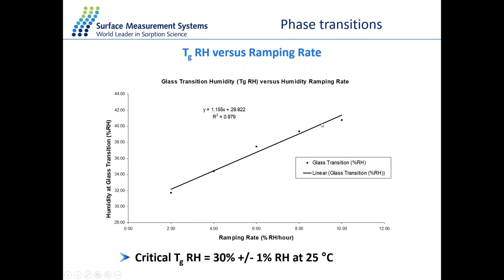Now, the interesting thing about this data is that it's a line, which means that we can find the intersect of this line right here, where the value is 0. So at this value, the ramp rate is 0. So that value, which is around 30%, is the critical level of relative humidity at which the glass transition happens for this sample. So this is a slightly more advanced study.